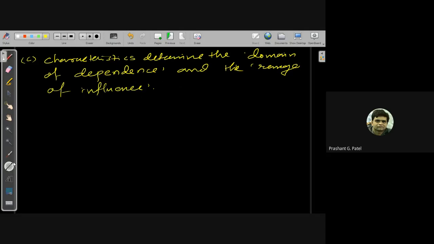So here also I need one figure so that you will understand what is meant by this domain of dependence and the range of influence.